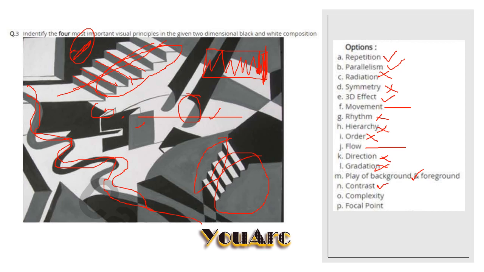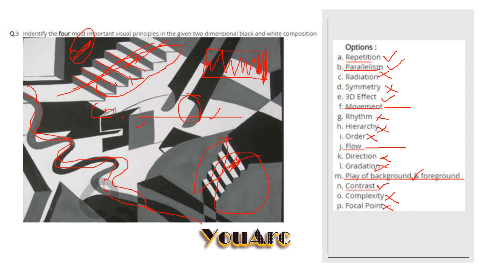Let's see. Complexity, we don't have good complexity. Focal point, no, we don't have one single focal point over here. We can see this portion, we can see this here. So what all I've selected: play of background and foreground, contrast, flow, movement, parallelism, repetition.